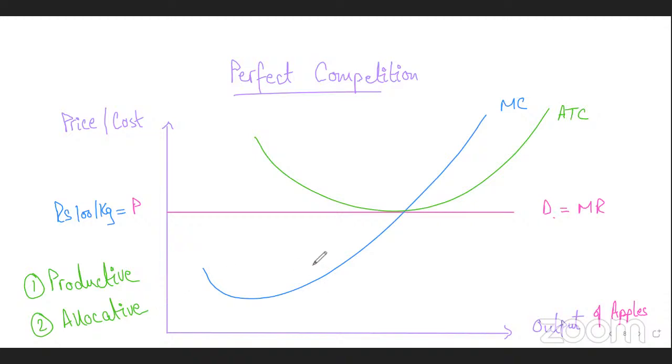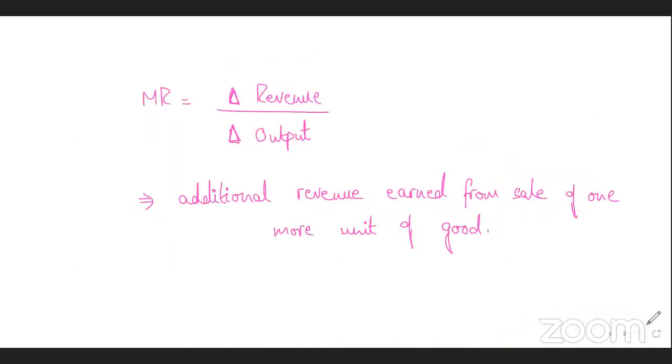So first of all, my question is: at what output level does a firm maximize its profit? Any private sector firm, at what output level? What is the profit maximization quantity for a firm? This is the simple question which you might remember. If you don't know, I'll explain it to you.